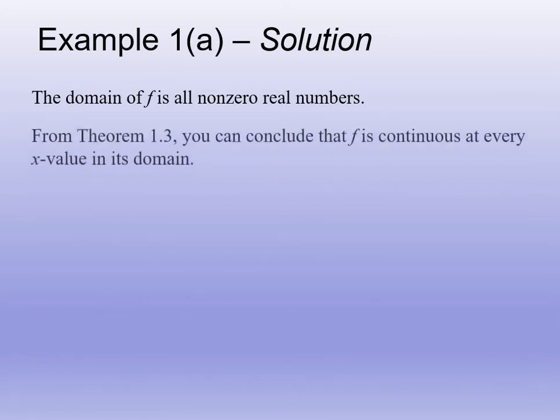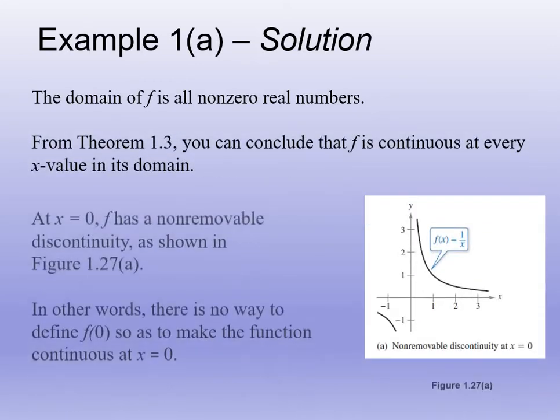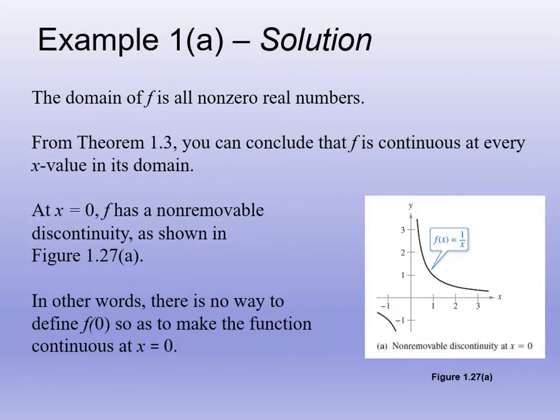So this is part A. So we can conclude that f is continuous everywhere. So this is the first graph, okay? This is f of x equals 1 over x. Well, where are we going to have any discontinuity? Well, it's 1 over x, so when x is 0, right? We have discontinuity. And what type of discontinuity is that? It's a non-removable. Why? Because there's an asymptote there.